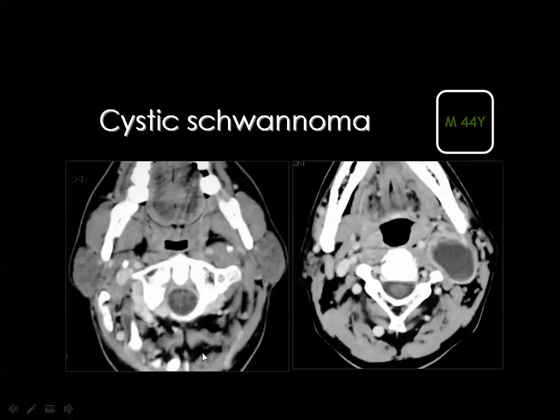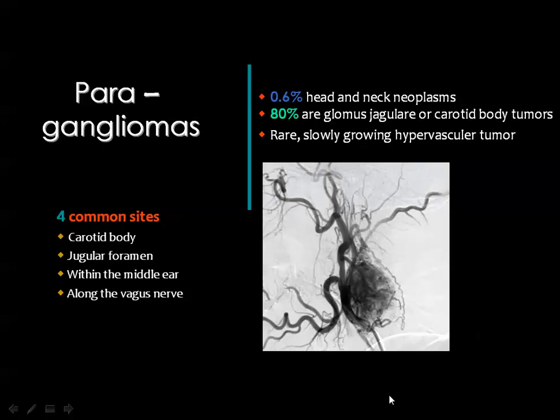Then if you look here and you see the styloid process is displaced a little bit anteriorly by this soft tissue mass posterior to the parapharyngeal fat. And the lower section showed that the rest of the mass is cystic. And you remember that schwannomas are more common to be cystic than neurofibromas. And this is a schwannoma in the retrostyloid space.